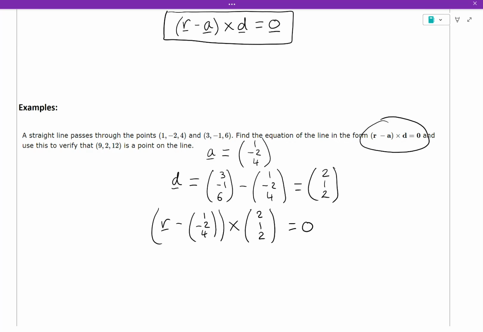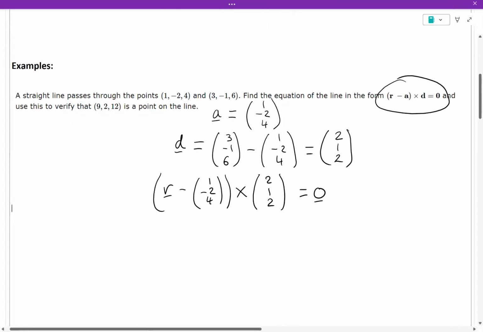We now need to use it to verify that 9, 2, 12 is a point on the line. In order to do this, the 9, 2, 12 will go in place of r, and we just need to verify that this calculation on the left-hand side does indeed equal 0. If it equals anything other than the zero vector, then it is not a point on the line. So let's sub it in.